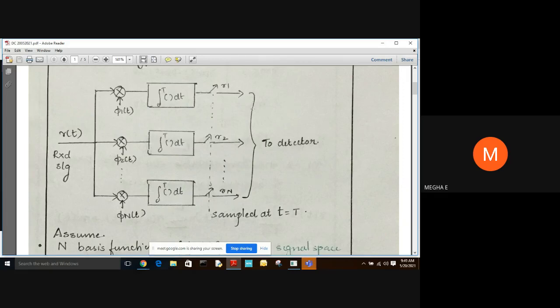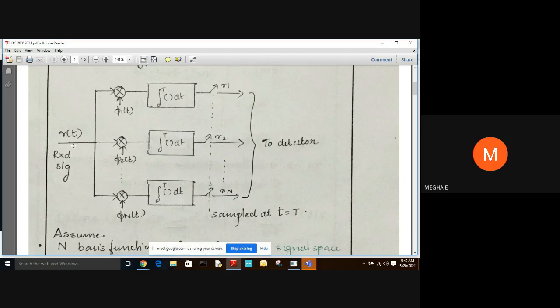The detector takes this output from the demodulator and, based on these components, decides which of the M possible signals was transmitted. So this is a signal demodulator, which is a correlator type demodulator, and since the product modulator is followed by an integrator, it is called a correlator.